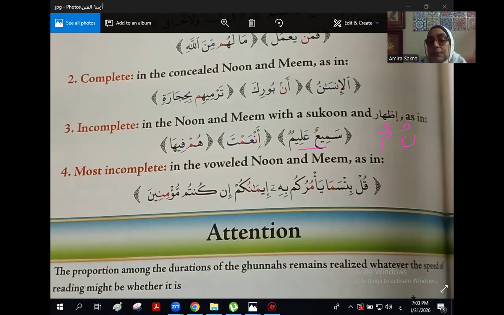"Sami'". Here, "an'amta": I have noon with sukun and meme with sukun. Both have the duration of ghunna of an in-between letter only. "An'amta". Do not stretch the time.